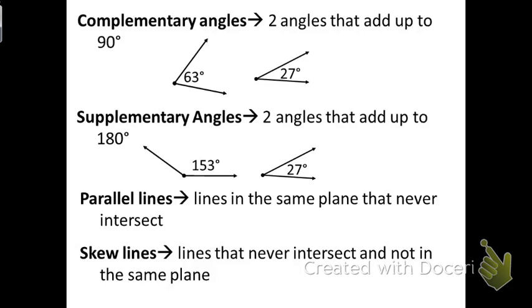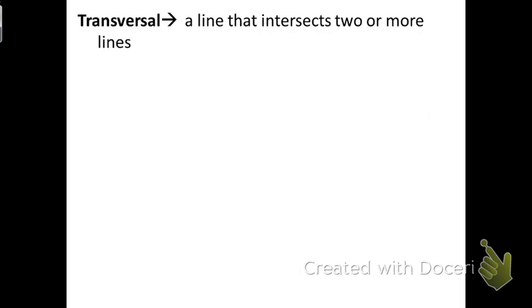Parallel lines are lines that are in the same plane that never intersect. And skew lines are lines that never intersect, but they're not in the same plane. So I'm going to use the next screen and explain this. I'll ignore the transversal part for just a minute.